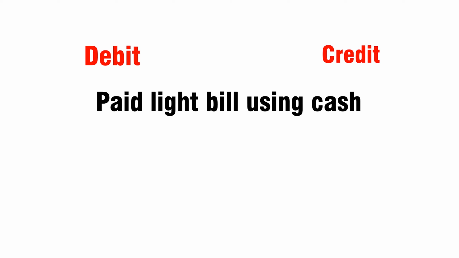Debit creditor, credit cash. Transaction 12. Paid light bill using cash. Debit utility light, credit cash.